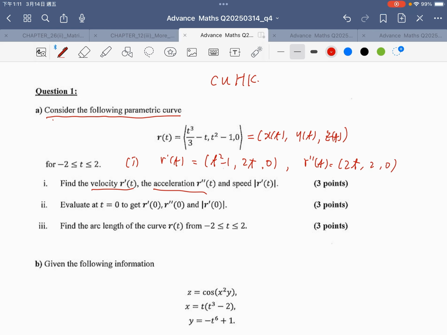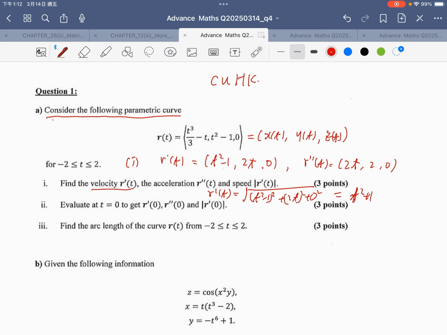For the length of r'(t), which is equal to the square root of (t squared minus 1) squared plus (2t) squared plus 0 squared. After simplifying, I get the answer t squared plus 1.